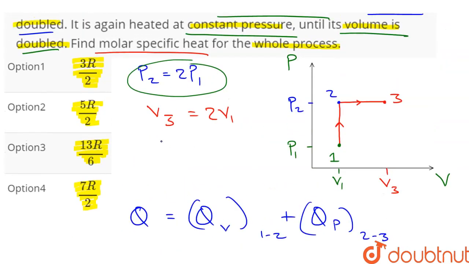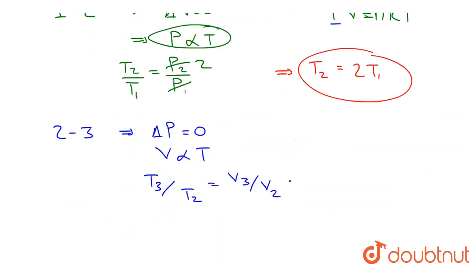Now V2 is equal to V1 because 1 to 2 was a constant volume process. Therefore we can write this as V3 by V1, and since V3 is twice of V1, we can write 2V1 by V1.